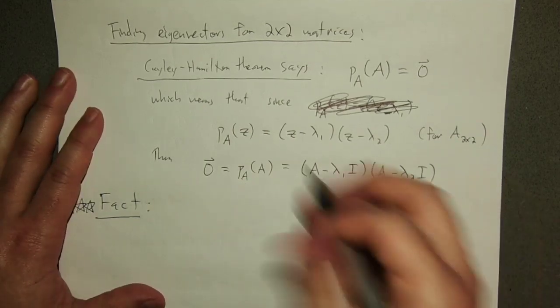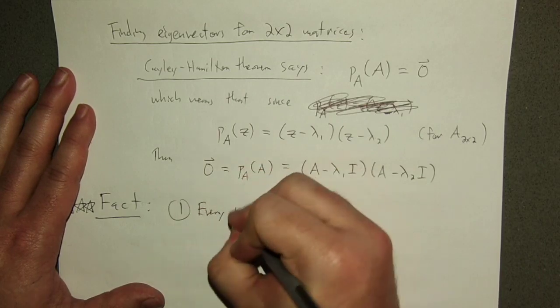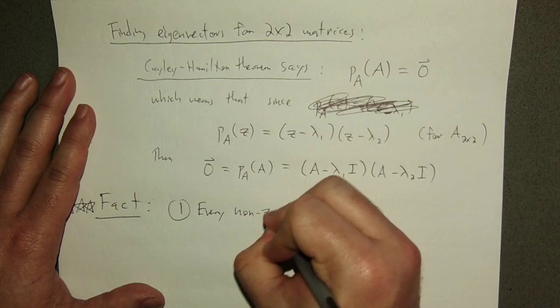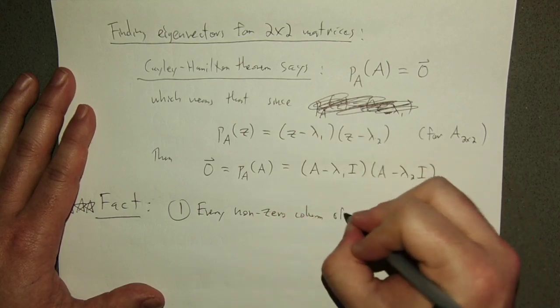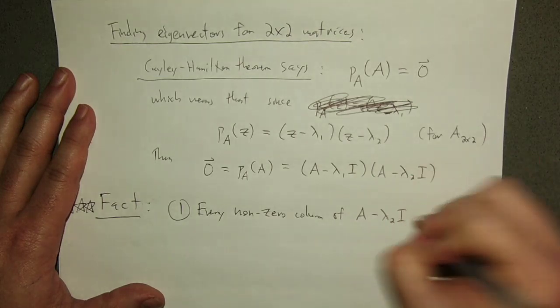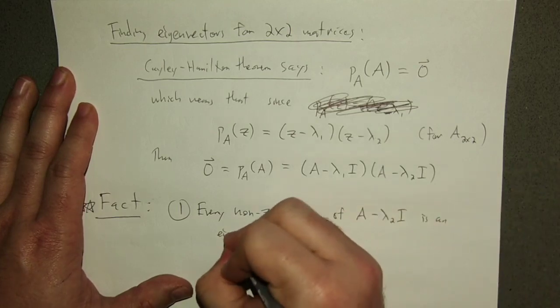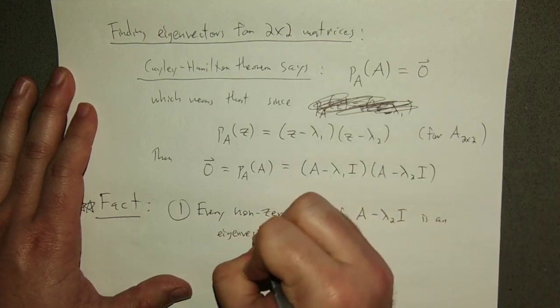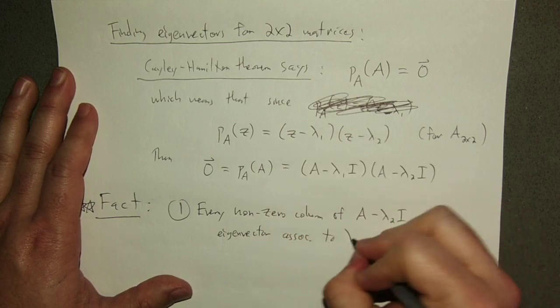Every non-zero column of A minus lambda 2 I is an eigenvector associated to lambda sub 1.